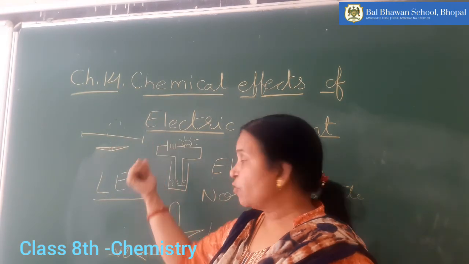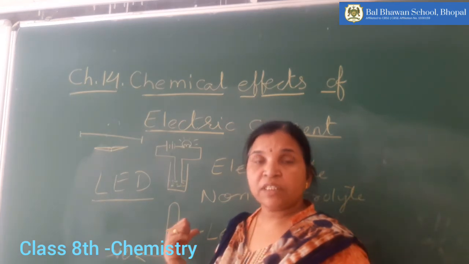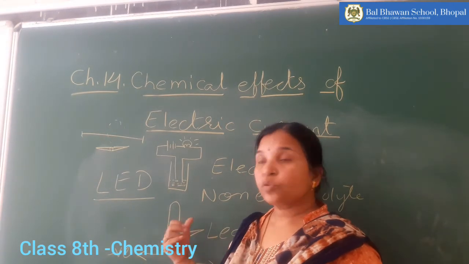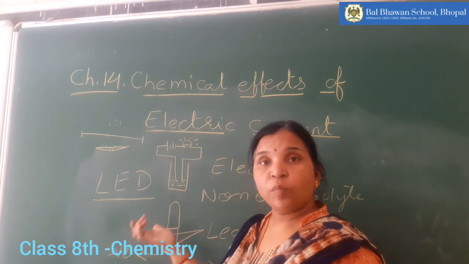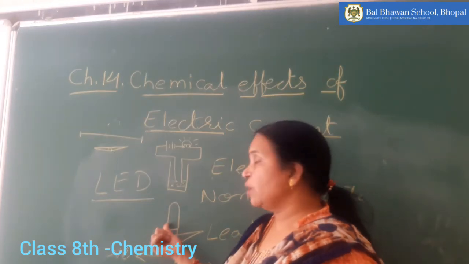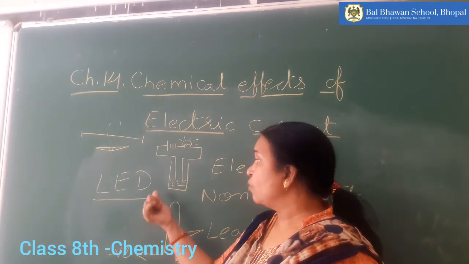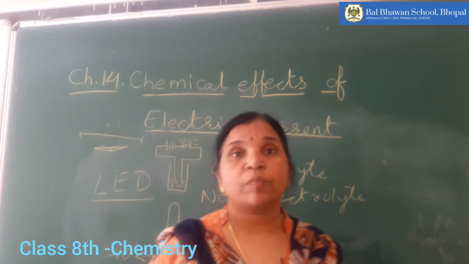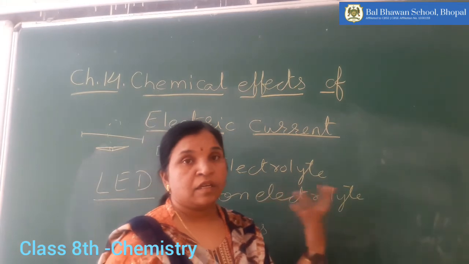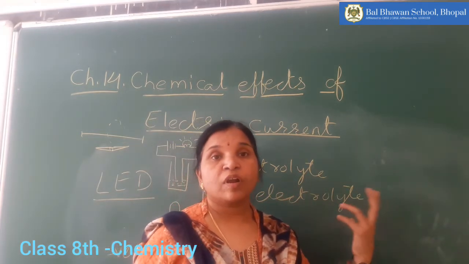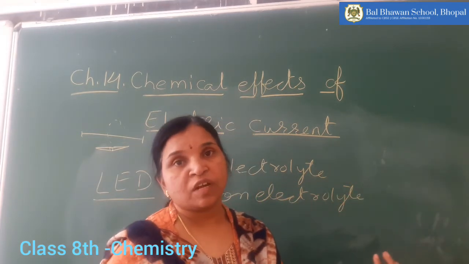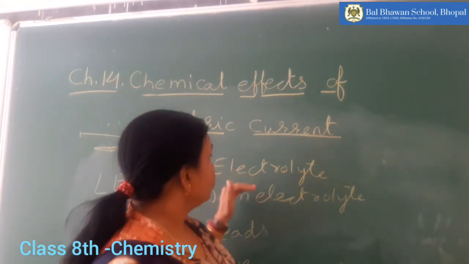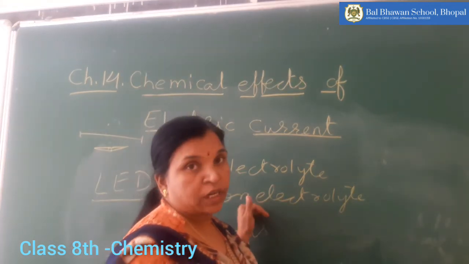So we will be performing few of the activities in our next class, so that you will observe how this LED bulb works, or how we can classify different solutions which we use in our day-to-day life into two groups, electrolytes and non-electrolytes.